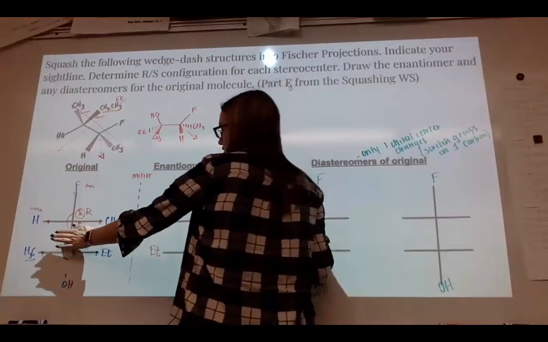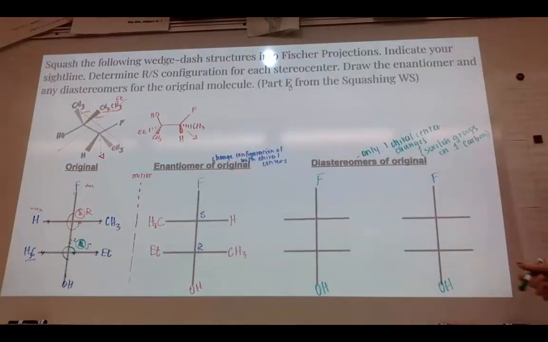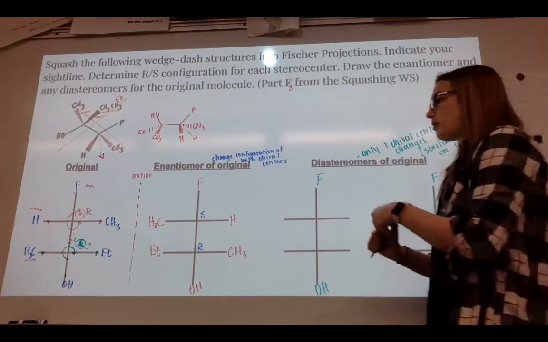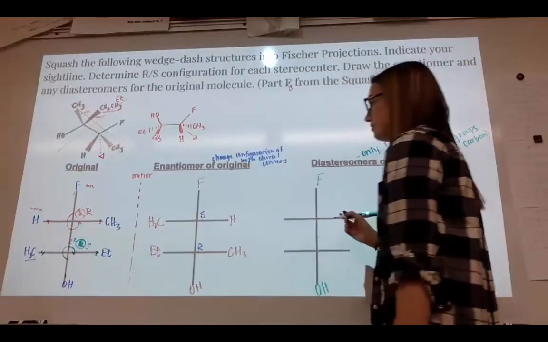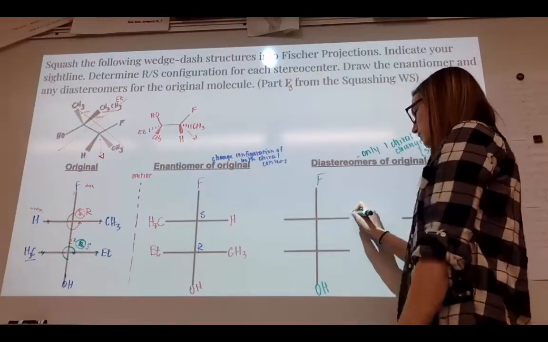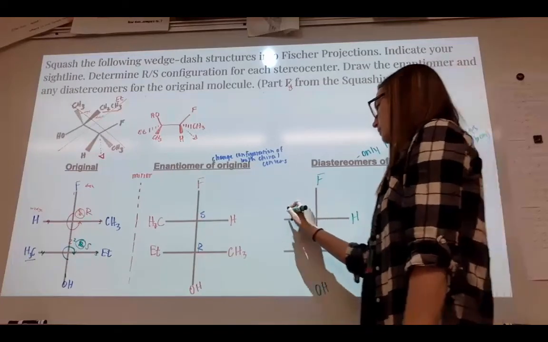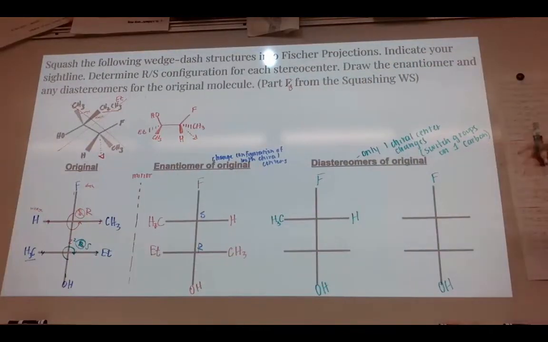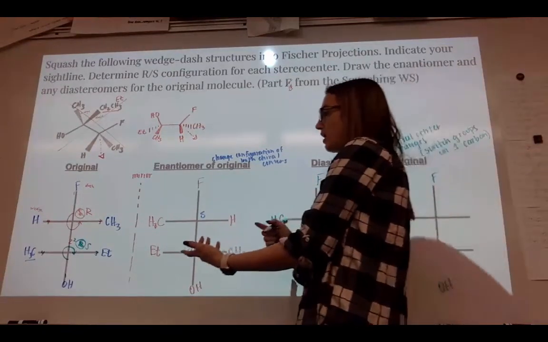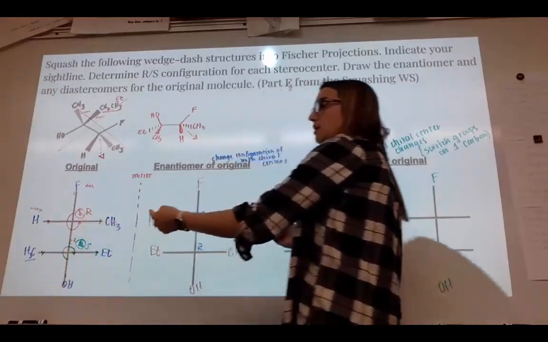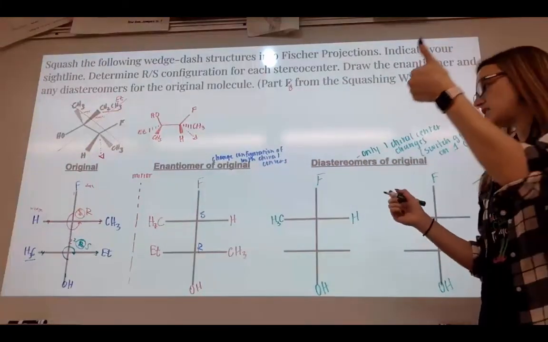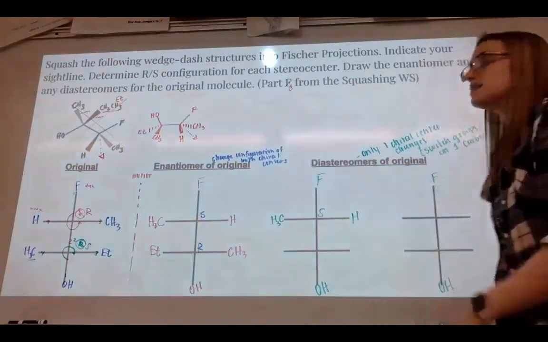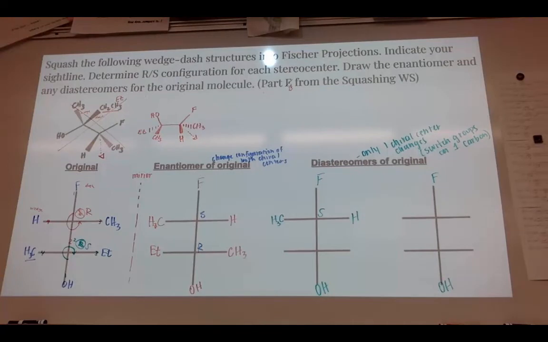So if I look at the original here, to create a diastereomer, you switch the groups on a single carbon. So I'm going to start by switching the groups on this first carbon. So instead of H on the left, I'm going to put H on the right, and I'm going to put methyl on the left. Now before I even continue, I know that if this was R and I switched two substituents, now it's S, because if you exchange two groups, you change the configuration.